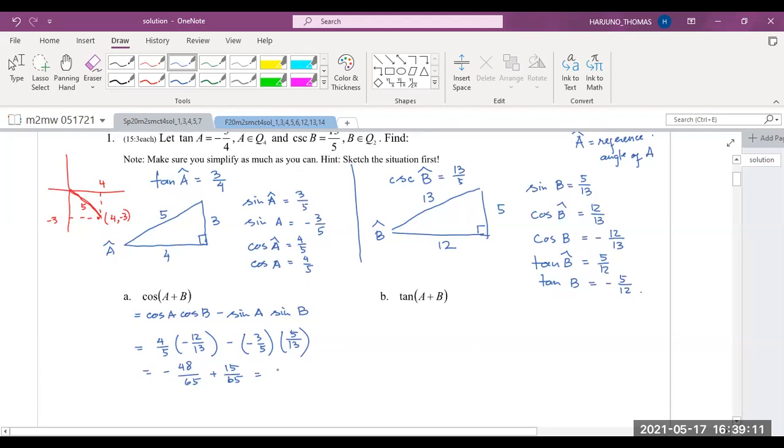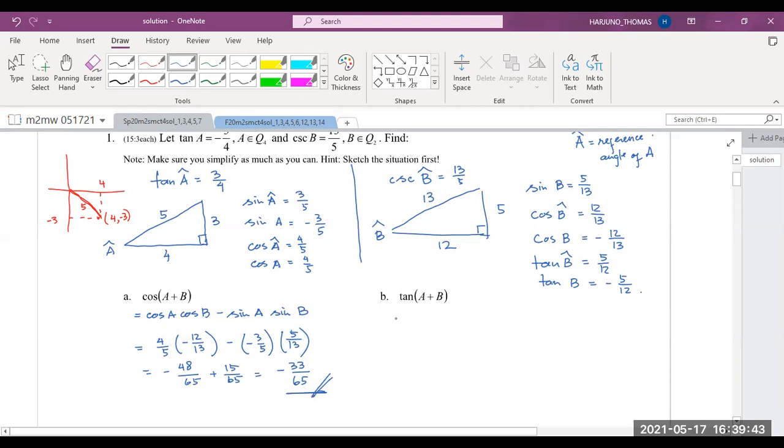That will be negative 33/65. I hope I don't make a miscomputation. Cosine A is positive, cosine B is negative, sine A is negative, sine B is positive. Yeah, okay, that's good. Now that's for cosine of sum.